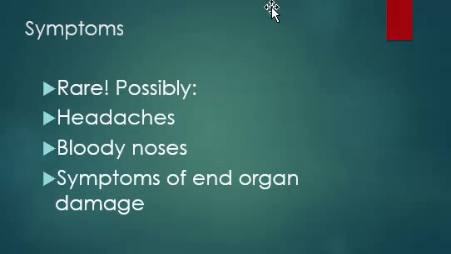Those are things like hypertensive retinopathy, so doing fundoscopy to look at the eyes, the kidneys, the heart, the arteries, ultrasound to see if there's an aneurysm and things like that. That's checking for end organ damage, and symptoms can come about because of that.